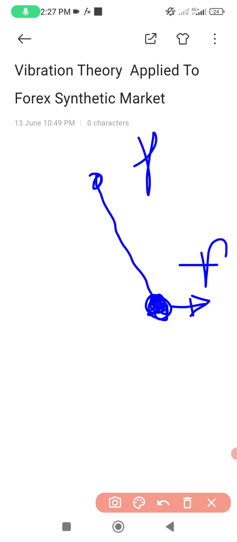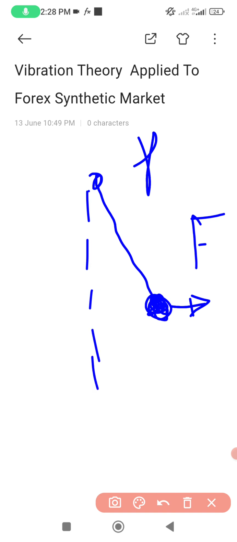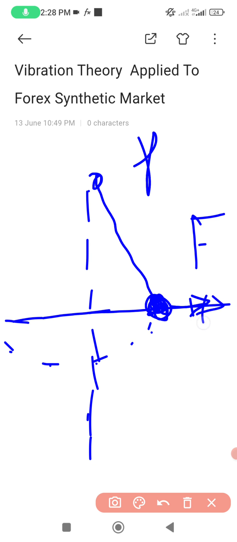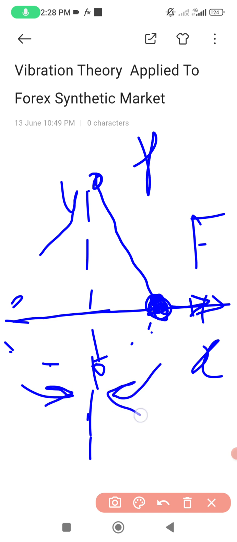And then we allow this object to vibrate over the particle axis, and this is the S axis and this is the Y axis. So at a point in time the particle will be here, at another point in time it will be here, and then it will go back and forth.